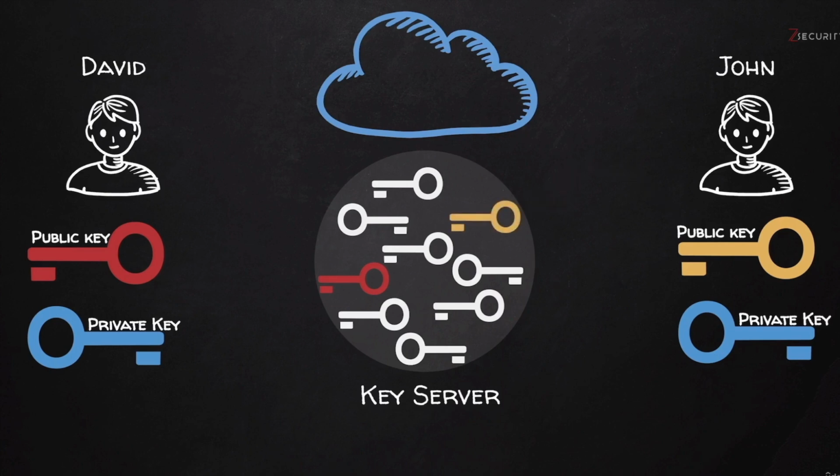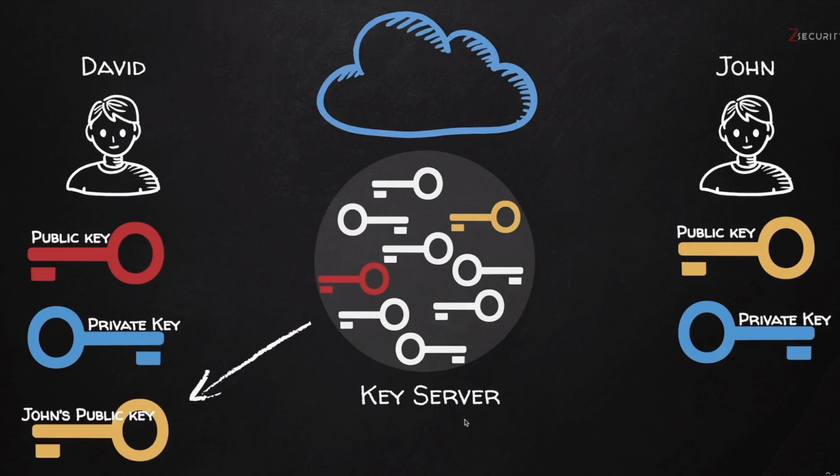And then, if David wanted to communicate with John, he won't need to ask John for the public key directly, and John won't need to communicate with David directly and send him the key. All David has to do is query the key server, that is accessible, like I said, on the darknet or on the internet, and download John's public key.